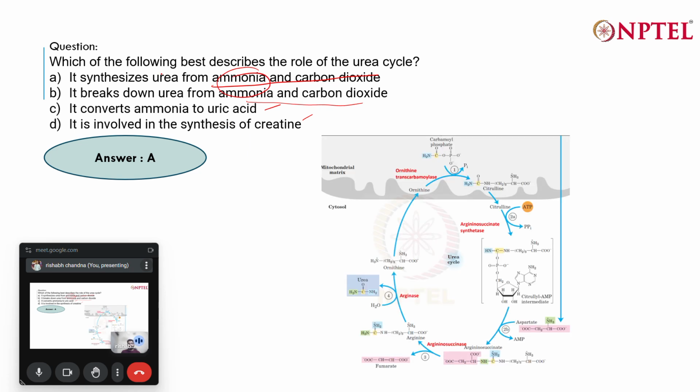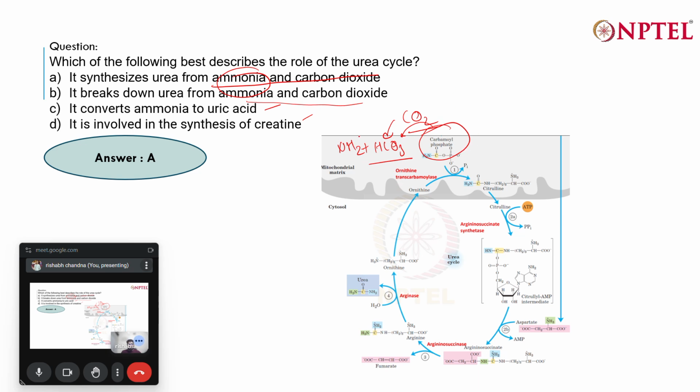Okay, so let's see. As we can see, this is the diagram for the urea cycle, and the first step is the formation of carbamoyl phosphate. And carbamoyl phosphate is formed when ammonia reacts with bicarbonate ions, which come from the CO2.